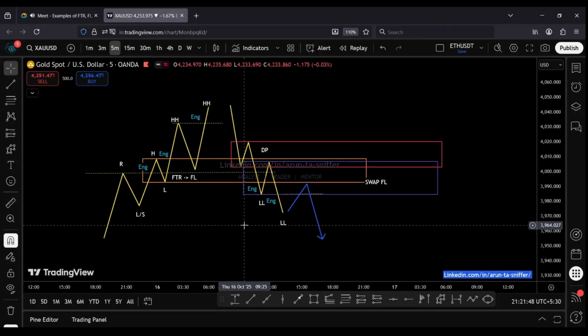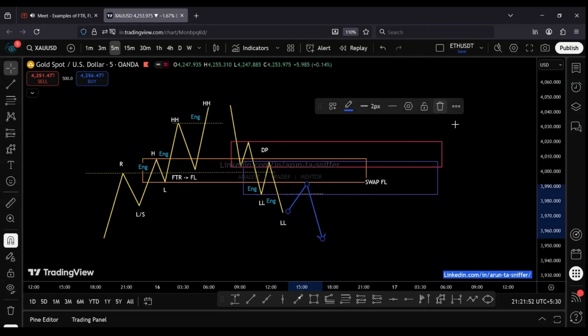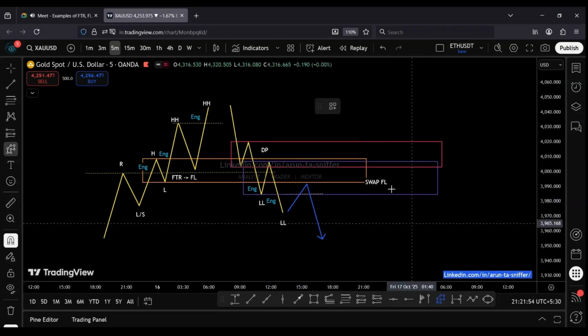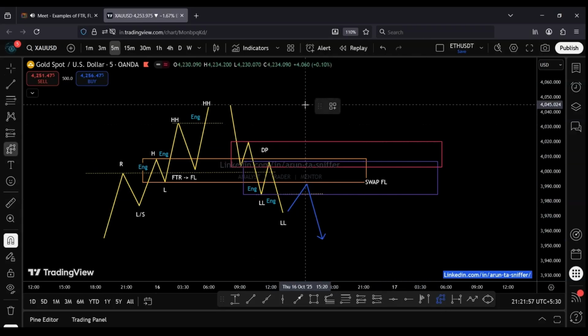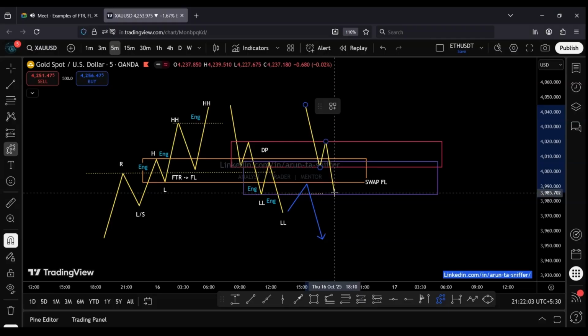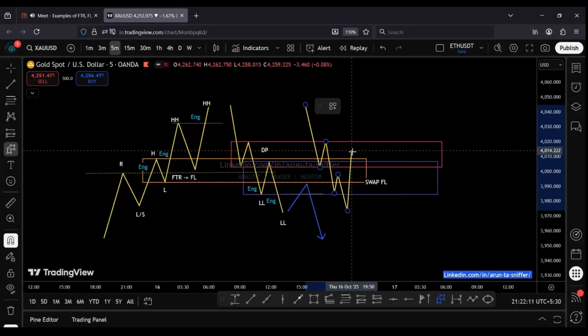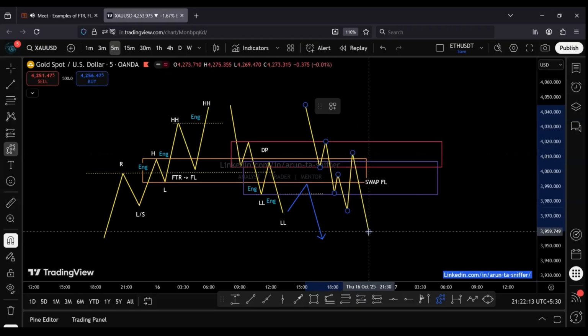We have seen two schemes like this. One scheme is here: price comes here, creates a DP, comes back and creates RS, we call this RS, then comes back and goes up again to this DP, and comes back.